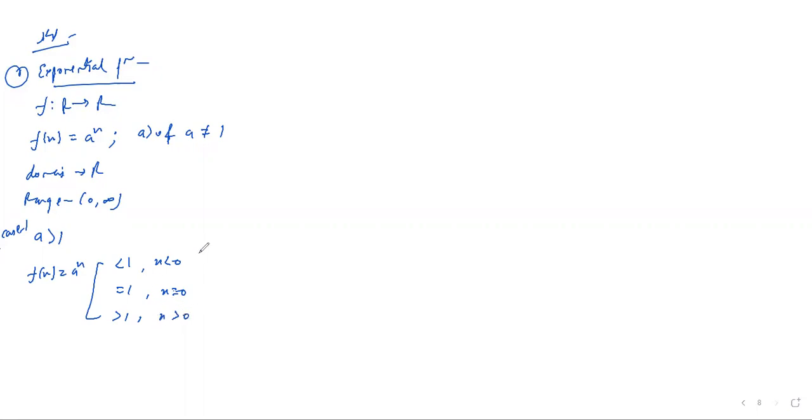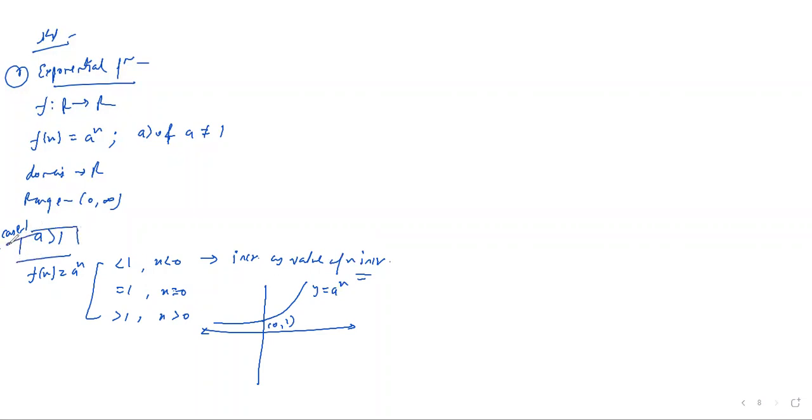So we can see that this function increases as the value of x increases. The graph of this function is like this, where this point is (0, 1), and this is the graph of y equals a to the power x when a is greater than 1.